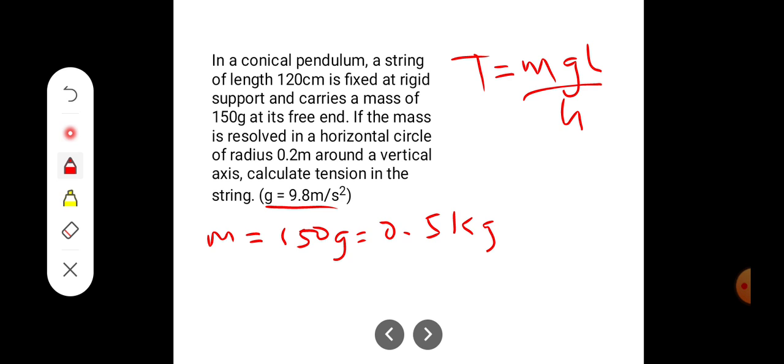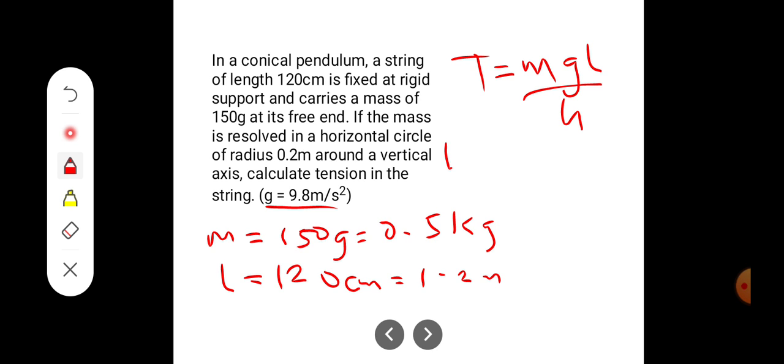You use what is given. L is the length of the wire. The length of the wire is 120 centimeter, which we can divide by 100 to convert it to meters, so that will be 1.2 meters.